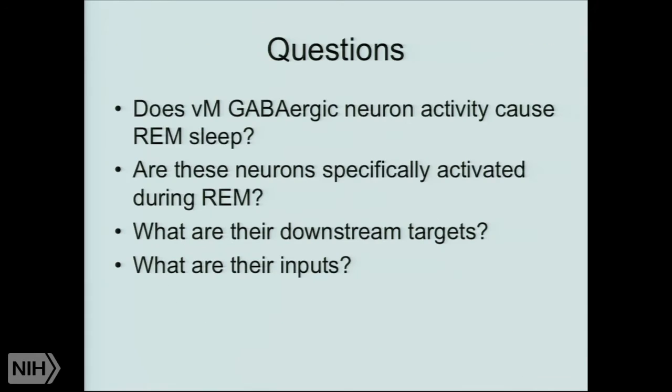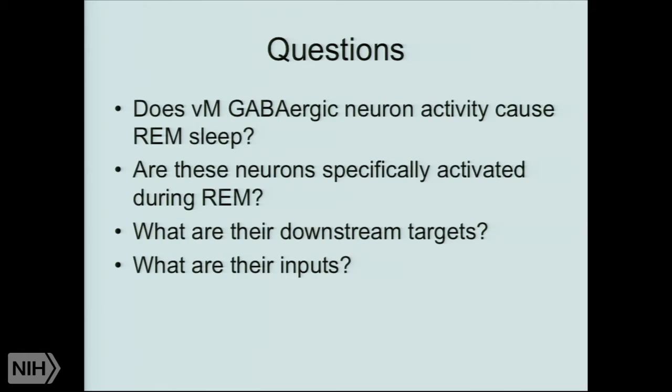So the questions that we asked, inspired by these results, are, first, does the activity of GABAergic neurons in the ventral medulla, which I'll abbreviate as VM, cause REM sleep? Because the c-Fos experiment is a correlation, but it doesn't mean causality.